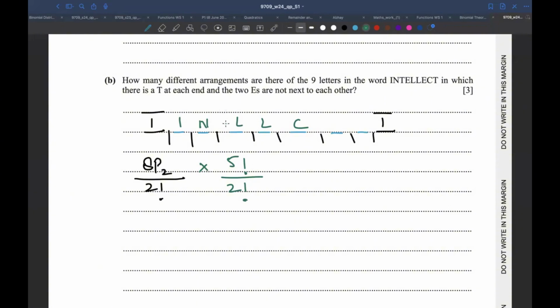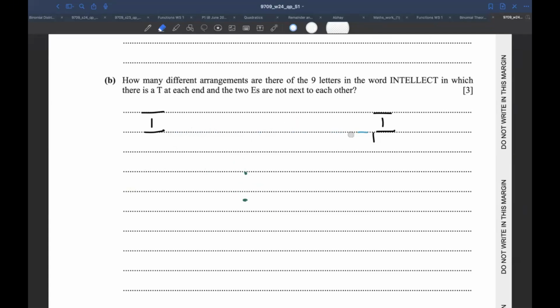So there is a small mistake. We are not getting the correct answer with this one. Maybe I have made a mistake. Okay, let me check. Yes, I got the 7 wrong, let me tell you how. Look, there are 5 letters that can come here: 1, 2, 3, 4, 5.